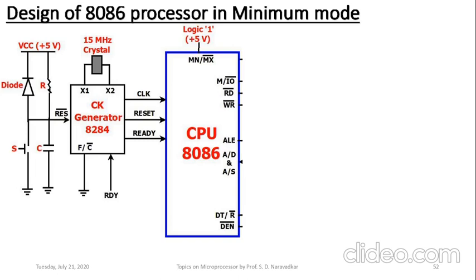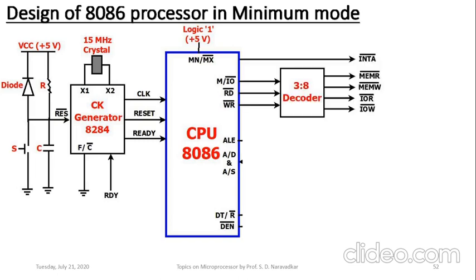Then on the right side of the microprocessor, first of all there is a 3 to 8 decoder 74138, which will accept the MIO bar, read bar and write bar signals from the processor. This decoder will generate 4 control signals on the right side: memory read bar, memory write bar, IO read bar and IO write bar.